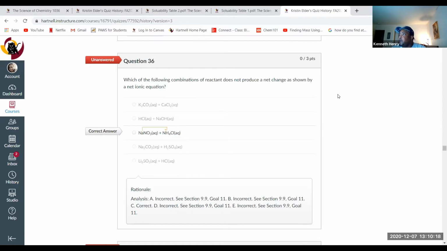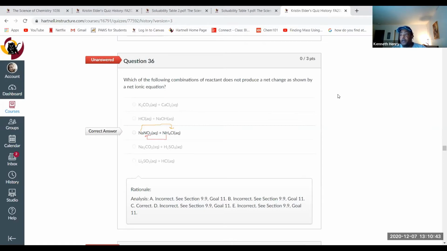So then we have sodium is gonna go with chlorine, and ammonium is gonna go with nitrate, right? Yes. Okay. Now this is an aqueous solution, right?